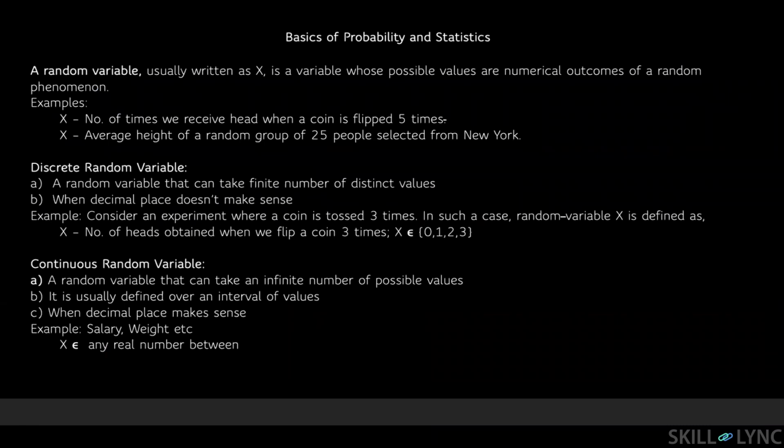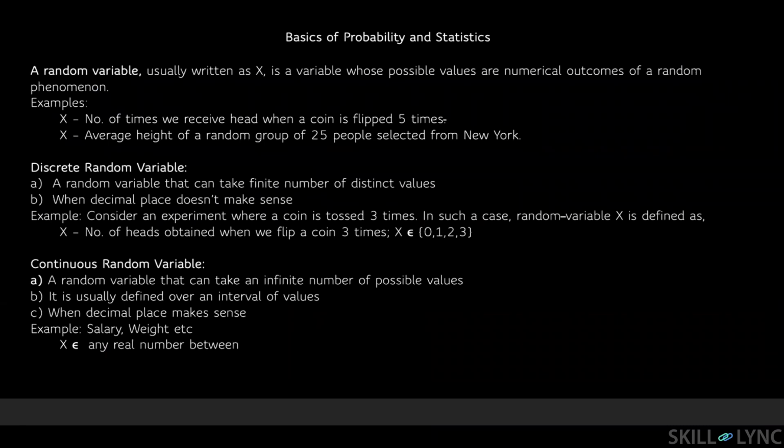Something like that. So similarly, this random variable can be divided into two, which are discrete random variable and continuous random variable. For discrete, I've given the example of the number of people entering a store, the number of cars in the garage. So I can have 1 car, 2 cars. I cannot have 1.5 cars or 2.5 cars, right? So whenever the decimal point does not make sense for that particular example, it is called a discrete random variable.